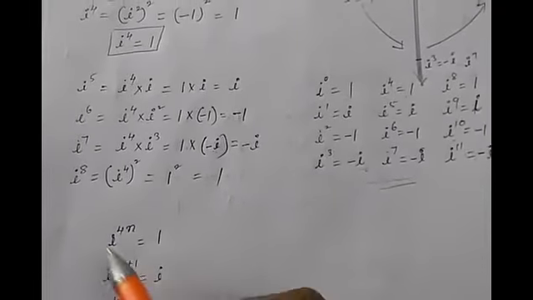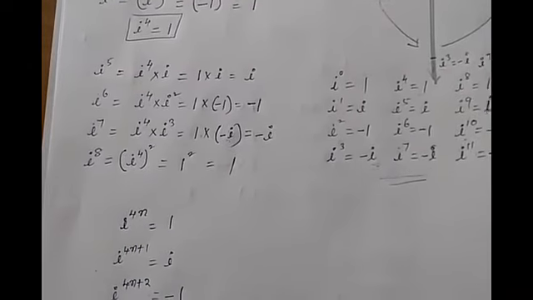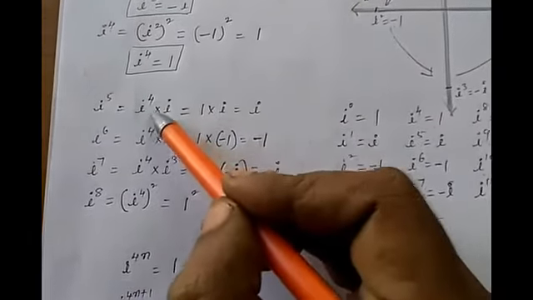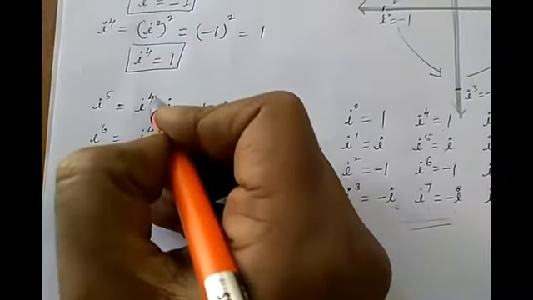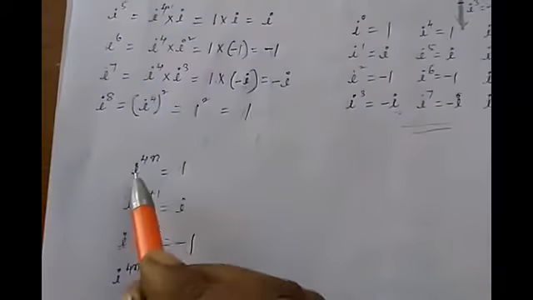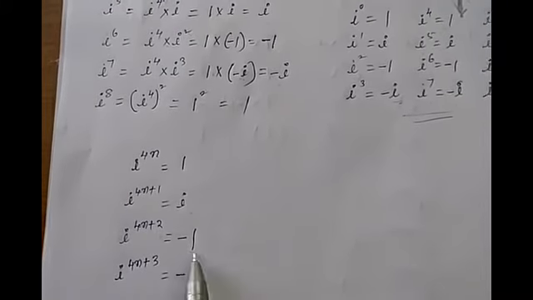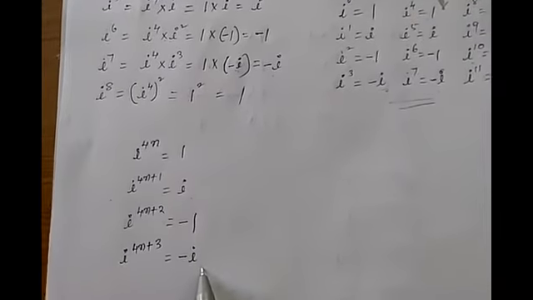That means after 4 we are repeating the values of i. Here i power 5 can be written as i power 4 into i, so 4 multiple can be written as 4 into 1 here.